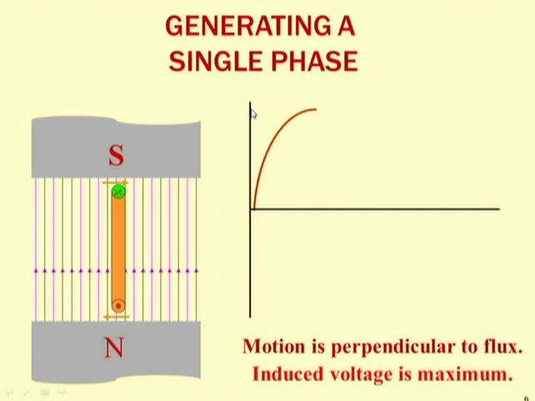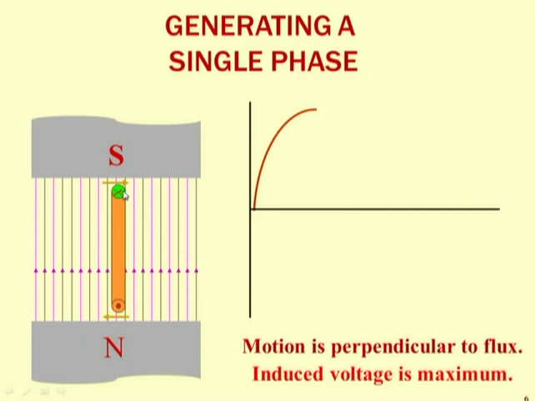So if this is 1, then in the previous case at 45 degrees it was 0.707. Again here we can observe the direction of the current through the conductor. The lines of flux are always from north to south.